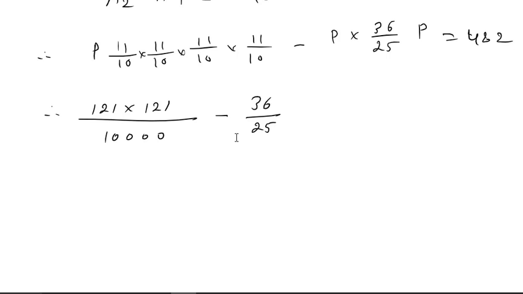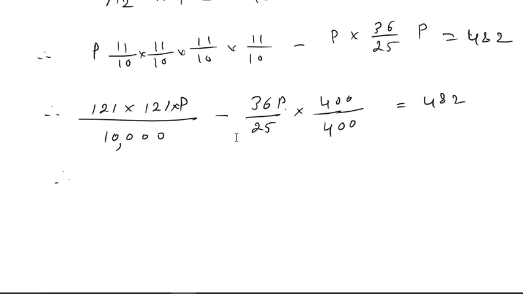So for that, what will I do? This is 36 P. I will multiply and divide by 4, and this becomes 100. Now after 100, 2 more zeros I want, so I multiply and divide by 400. This is 482. So 121 into 121 into P divided by 10,000 minus 36 into 400 divided by 10,000 will be 482.